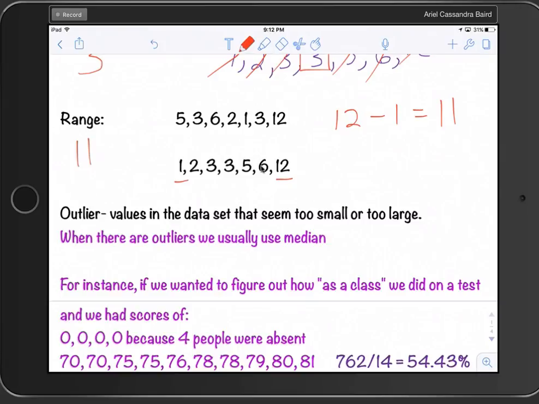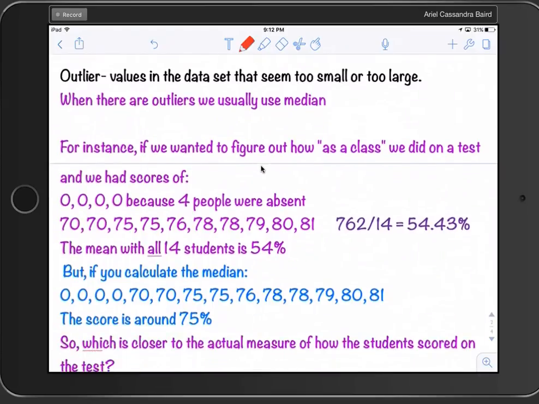For instance, if we wanted to figure out how, as a class, we did on a test, and we had scores of 0, 0, 0, 0 because 4 people were absent, didn't even take the test, maybe they didn't fill it out, and then we had 70, 70, 75, 75, 76, 78, 78, 79, 80, and 81. Those were the percentages on the rest of the tests that we had as a class. With the 4 people that didn't fill out the test or that were absent, there's 14 people in the class.